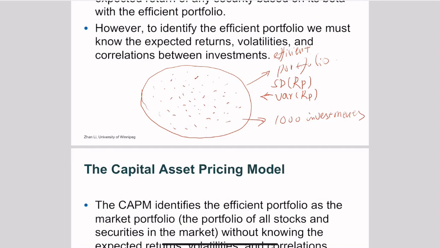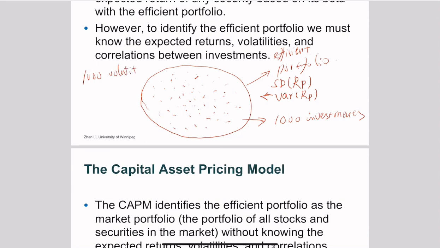If we want to find out the variance of the portfolio P, we have to understand the volatility of each individual investment and the correlations between each individual investment, right? So we have to know 1,000 volatilities, right?